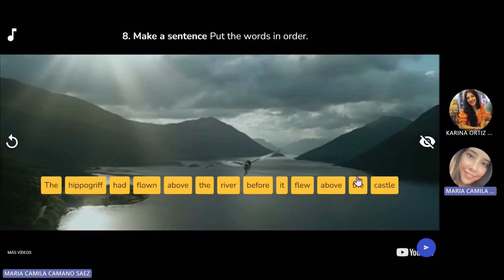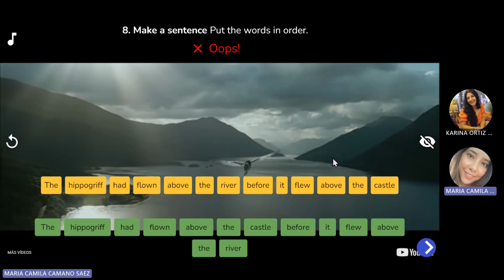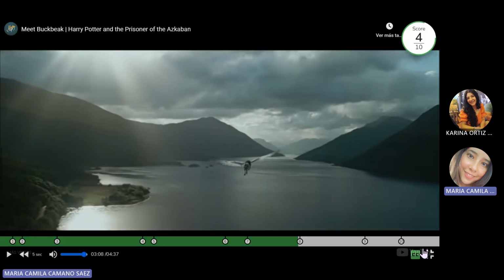Yes. Let's find the mistakes. Okay, we have a mistake here. Have flown above the castle, and first was the river, and then the castle. So that was my bad. It is not your fault.